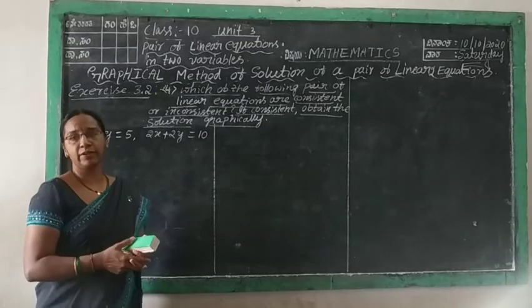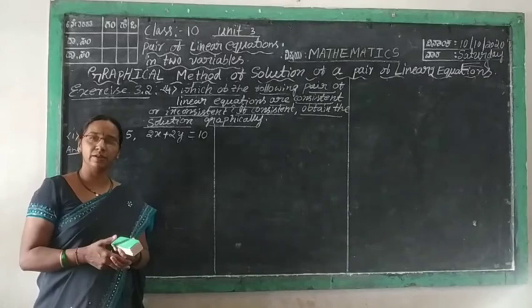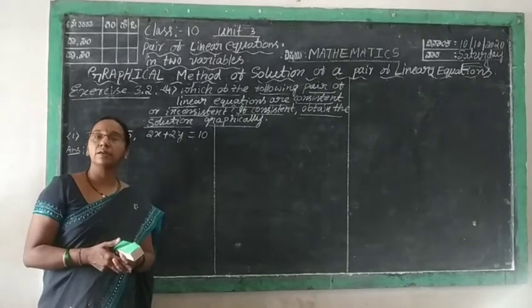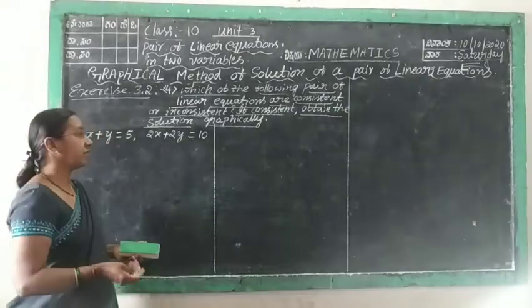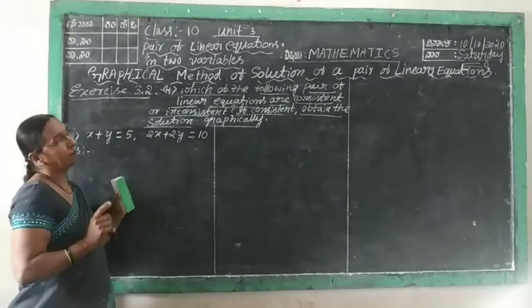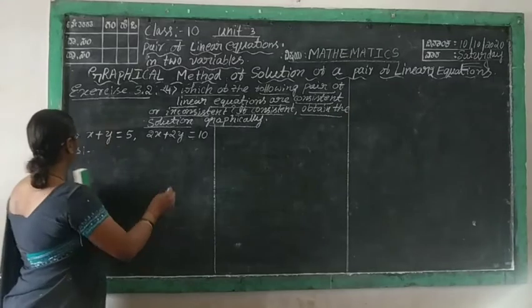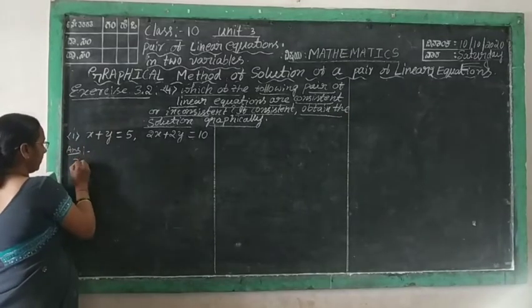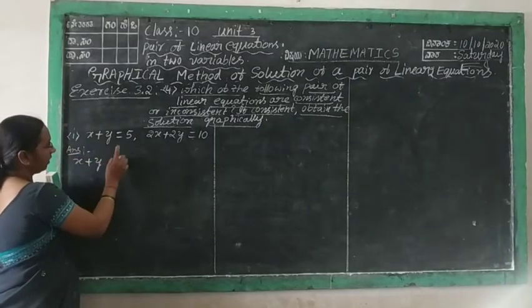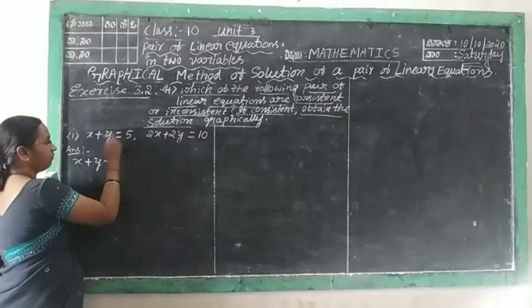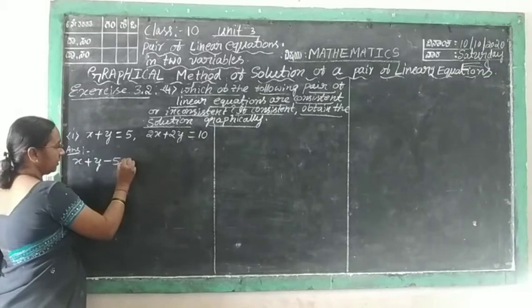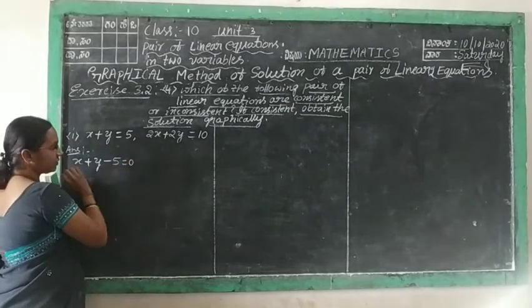a1x plus b1y plus c1 equals 0 and a2x plus b2y plus c2 is equal to 0, the general form of a pair of linear equations. The first equation is x plus y equals 5. We take 5 to the LHS, so x plus y minus 5 equals 0.